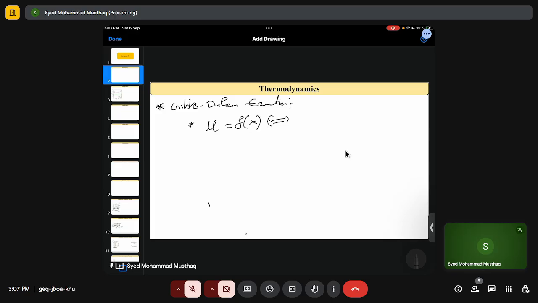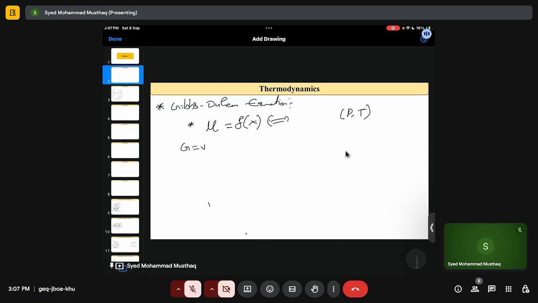Now, the one thing about the Gibbs-Duhem equation is it takes the equation first, and then it cancels out whatever part wasn't changing in that equation. So what do I mean? Let's say we are doing this at constant pressure and temperature.